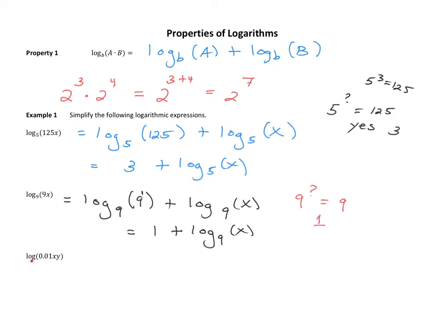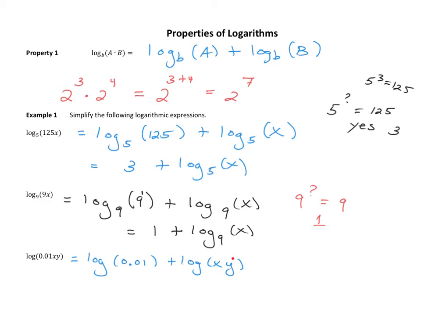And for this one here, this is really log base 10 of 0.01 times x times y. I think I have a product of two things, 0.01 and then xy. So I'm going to write this as log of 0.01 plus log of xy. And one thing to point out is, well, this is also a product.